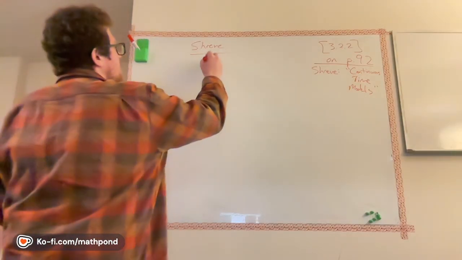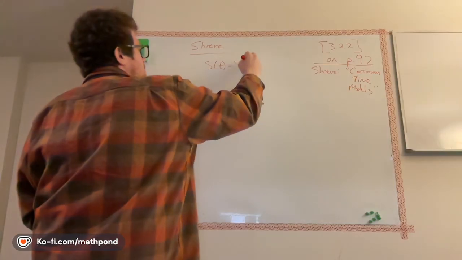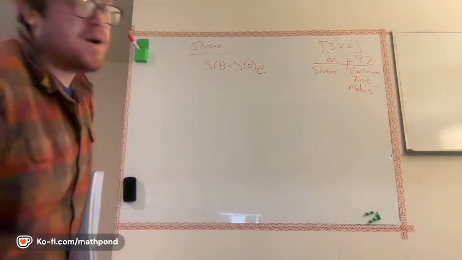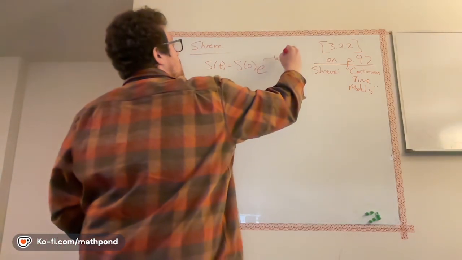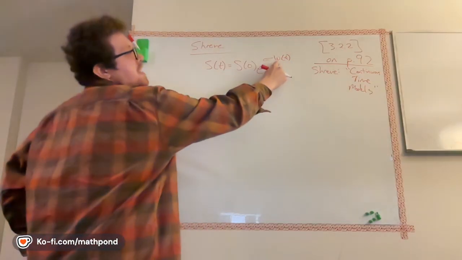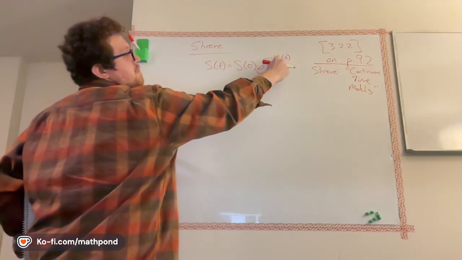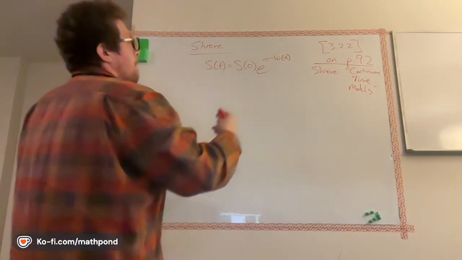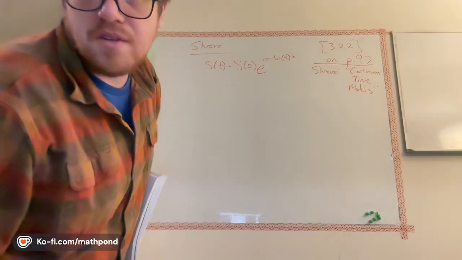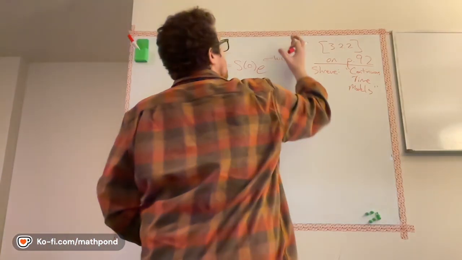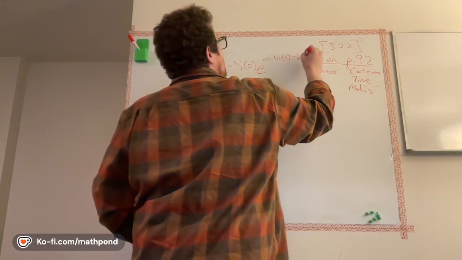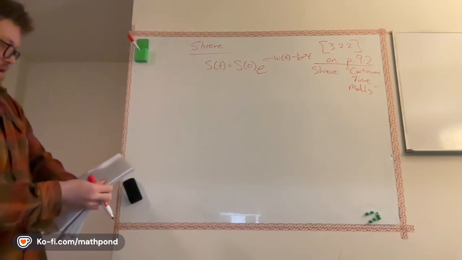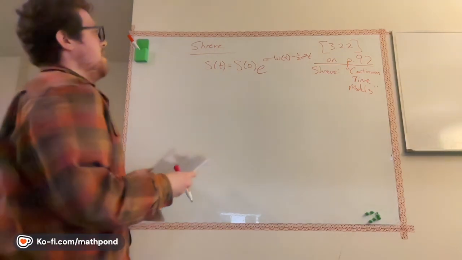S of t is the stock price at 0 times e, and then in the exponent you have sigma times a Brownian motion at time t, which is just a normal random variable with mean 0 and variance t, then minus 1/2 sigma squared t. Right.